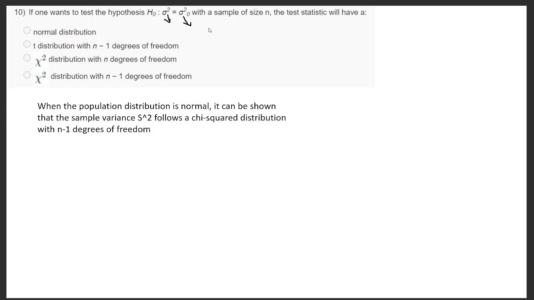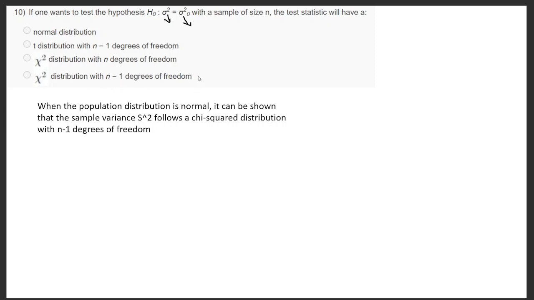Also, the sample variance comes out from the population, which is a standard normal distribution, where the mean of the population is equal to the mean of the sample, whereas the variance of the sample and variance of the population are related to the chi-square distribution with n minus 1 degrees of freedom.